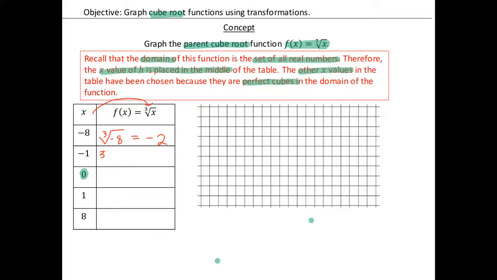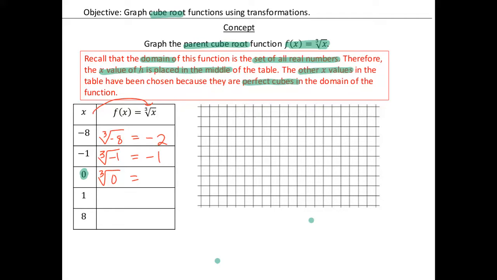And then if we do the cube root of negative 1, what number multiplied by itself 3 times gives you negative 1? That would be negative 1, right? 3 negatives is going to give you a negative, and then 1 times 1 times 1 is 1. And then the cube root of 0.